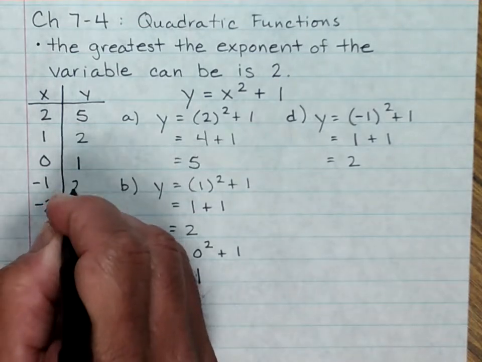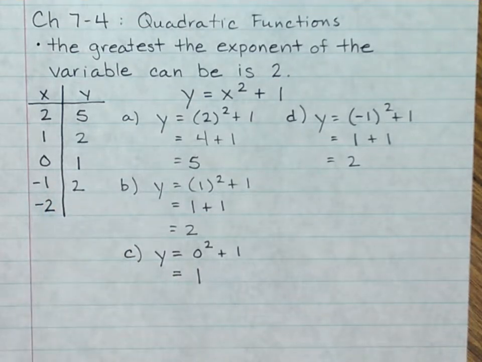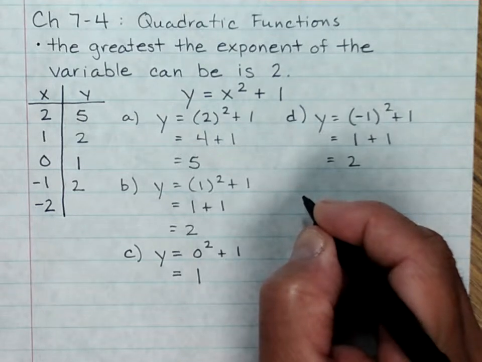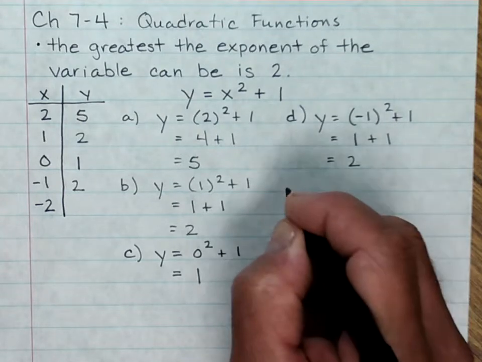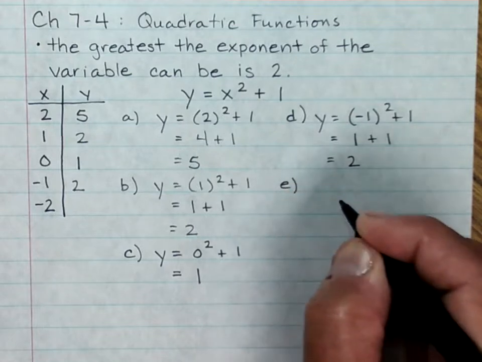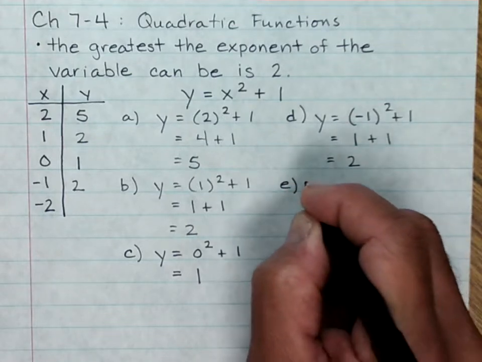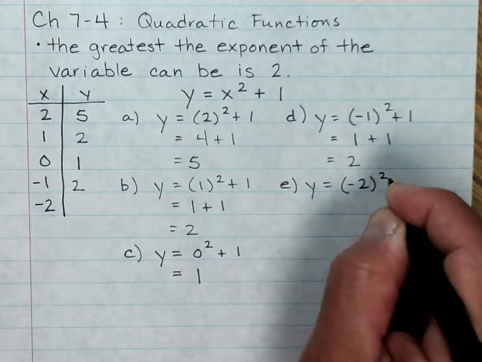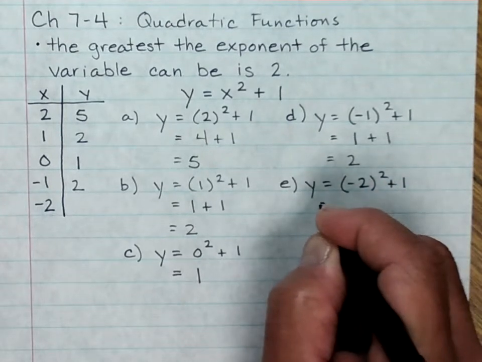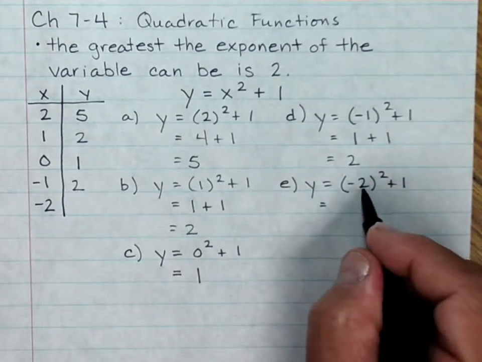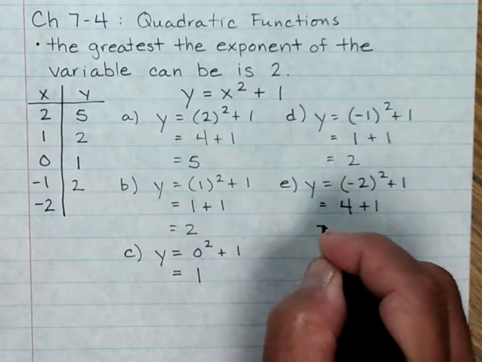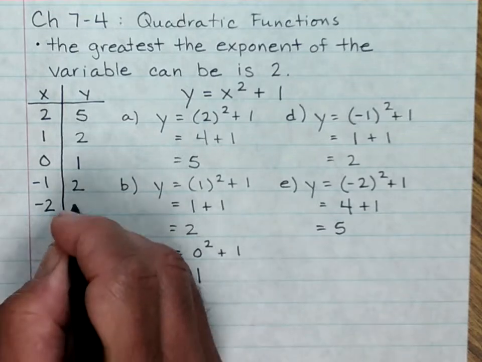Now you'll notice something with the x and the y inputs and outputs. Here comes E, the last one. y is equal to the quantity negative 2 squared plus 1. The quantity negative 2 squared is positive 4, plus 1 is 5.